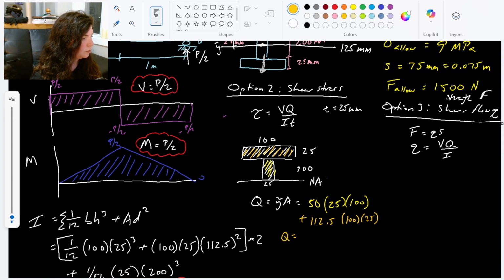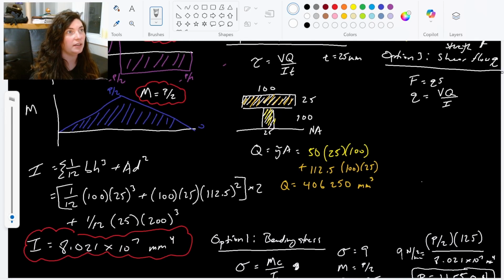So I get a Q value of 406,250 millimeters cubed, just from plugging that into my calculator.